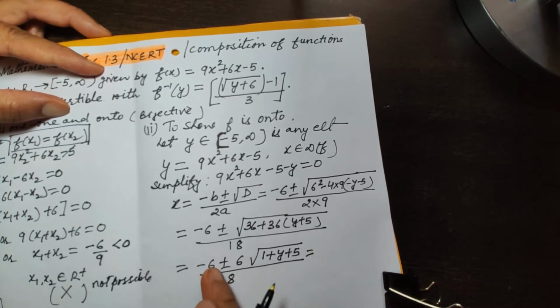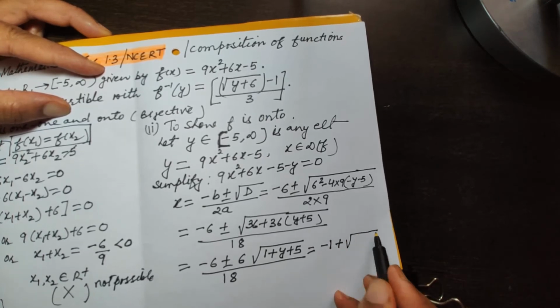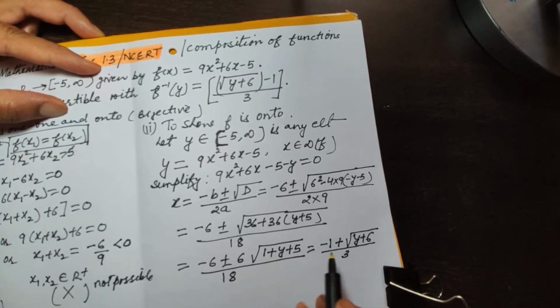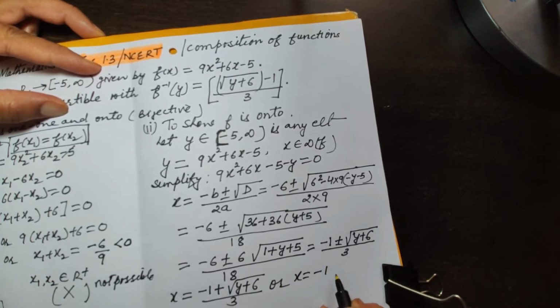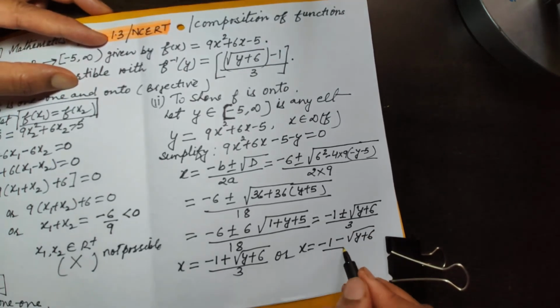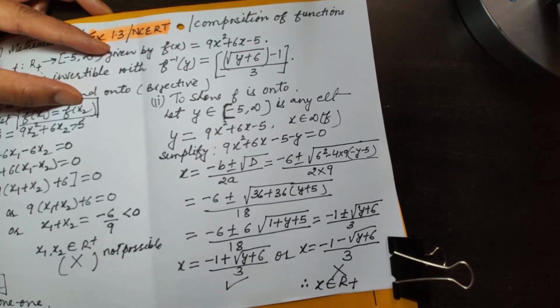Simplifying further, cancelling out 6, that shall be equal to minus 1 plus under the root of y plus 6 upon 3. And there is a plus minus, right? So x can be minus 1 plus under the root of y plus 6 upon 3, or x can be minus 1 minus under the root of y plus 6 upon 3. But this value is not possible because x belongs to R plus. Hence the only possibility is this.